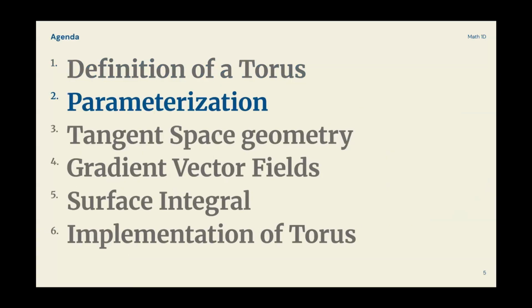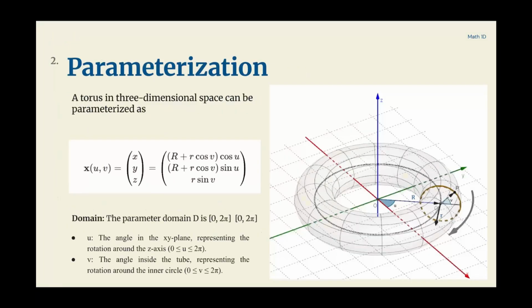Okay, let's go to the second part, where the parameterization begins. All right, let's talk about parameterization. I chose to use u and v as my parameters, so we can rewrite the equation for the vector for the torus a little easier. We can describe exactly each point on this circle, and it also makes the calculation a lot easier.